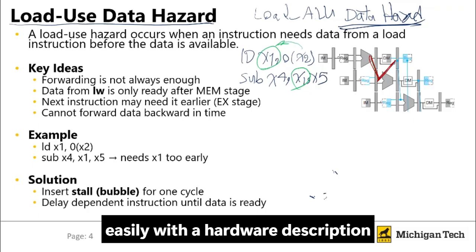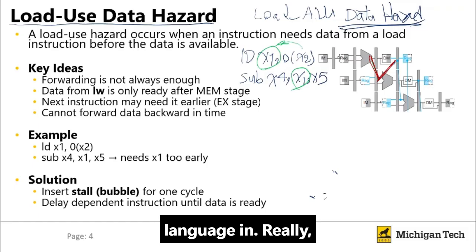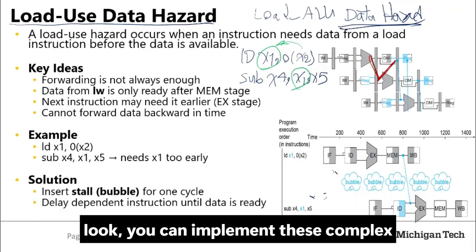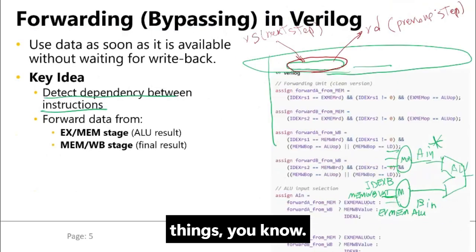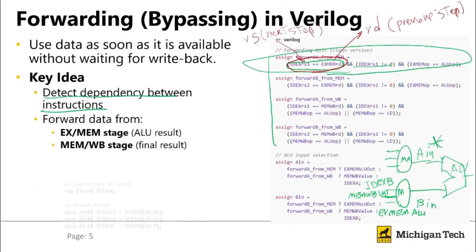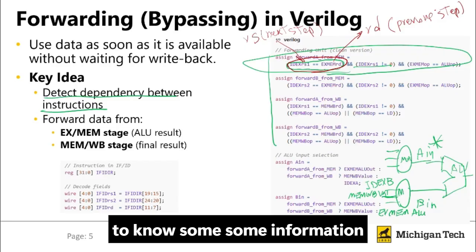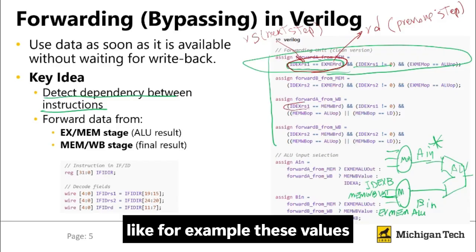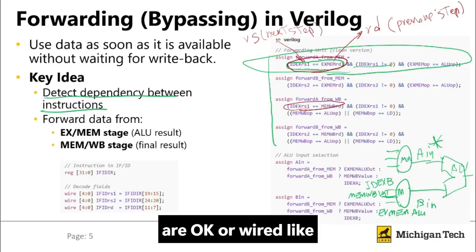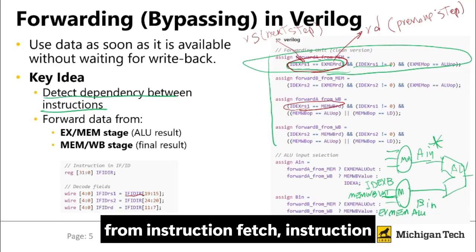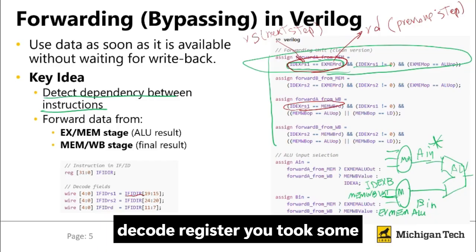So easily, with a hardware description language like Verilog, you can implement these complex things. Of course, you need to know some information, like, for example, these values are wired from instruction fetch, instruction decode, register.